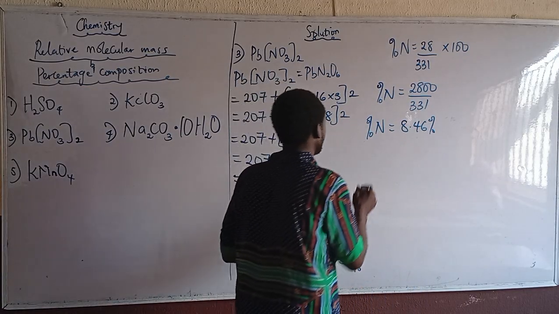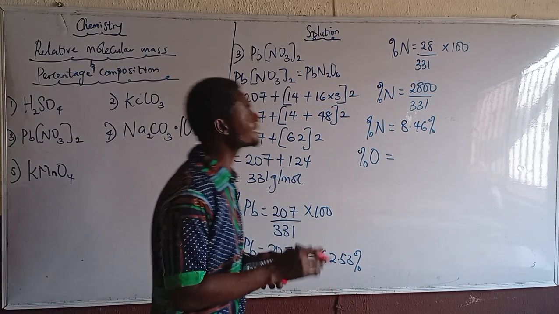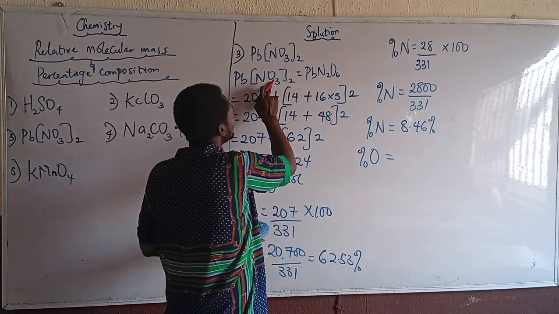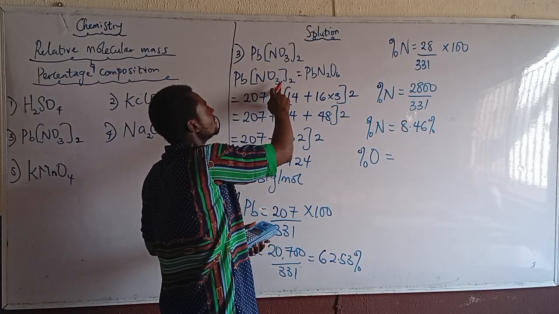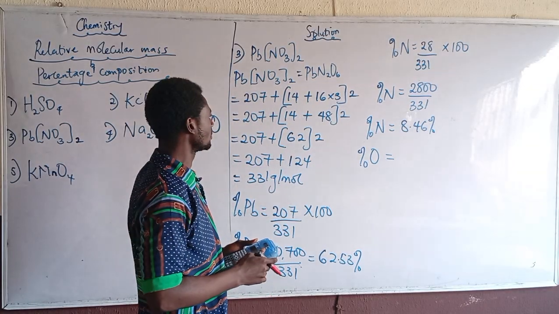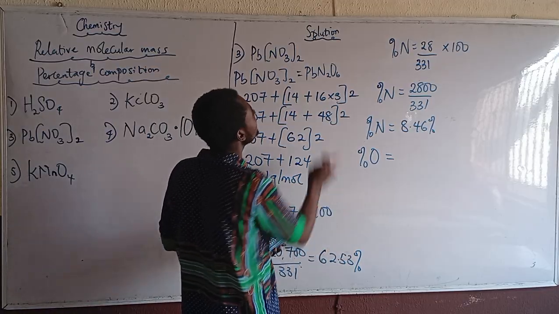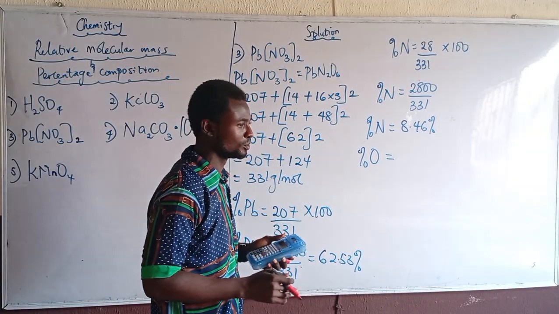Then the last one is oxygen. Percentage of oxygen. Oxygen is 16 multiplied by 3 here, which is 48. Then 48 multiplied by 2, that is the value I'm using. Or I can as well say 16 multiplied by 6. We have the same value.